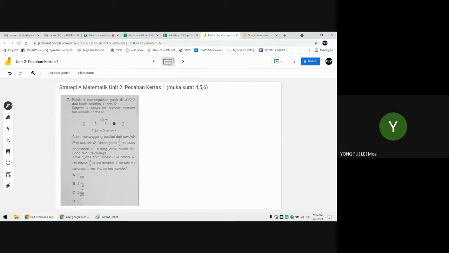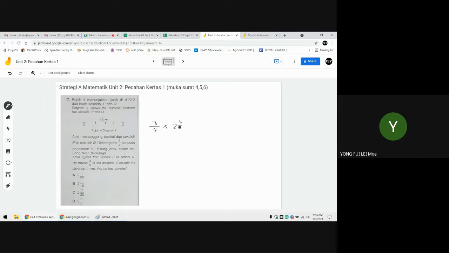Okay, until here only. Belum sampai Q. Okay, so 3/4 of the distance. The concept of "of" in fractions is multiplication. Times the total distance. These are the total distance.